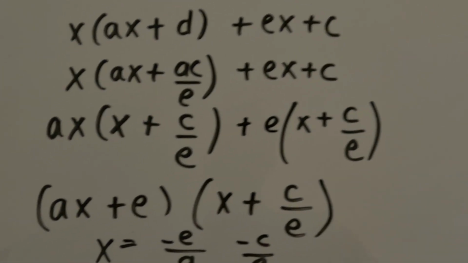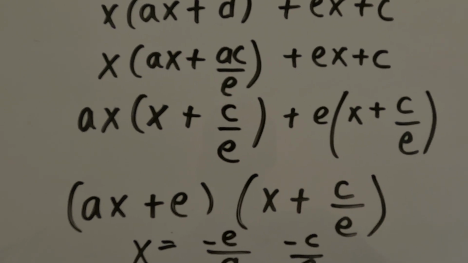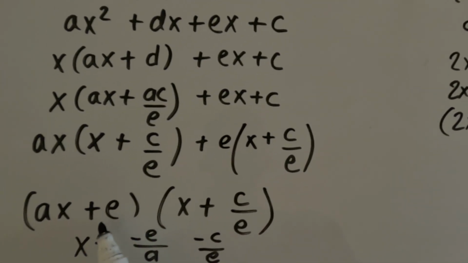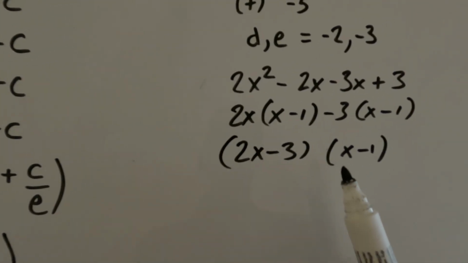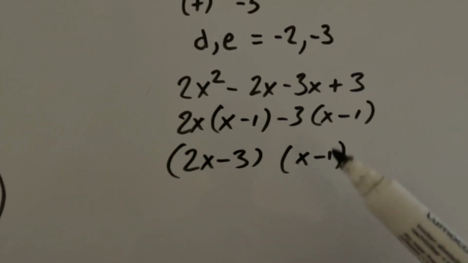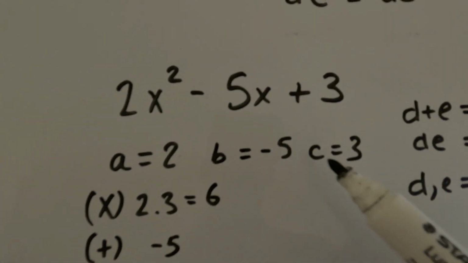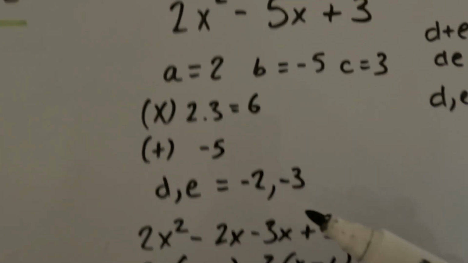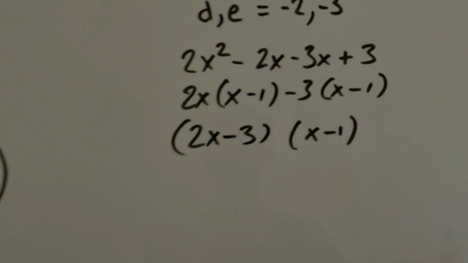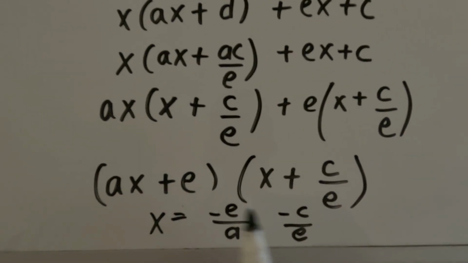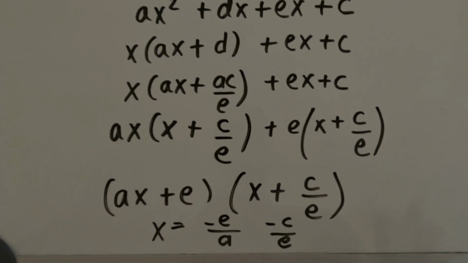So if we go back to this form here, ax plus e times x plus c over e, ax is just 2x, e is minus 3, x is x, and then c over e is minus 1. Let's just verify that: c is 3, e is minus 3, 3 over minus 3 is minus 1. Okay, so even if you memorize that formula, you can write down the factorisation very quickly.